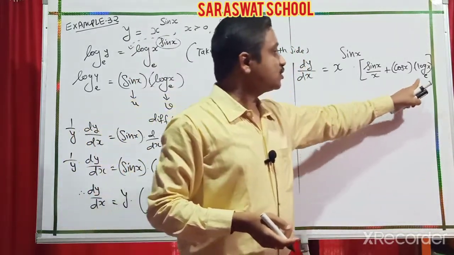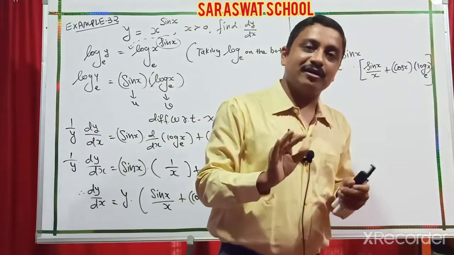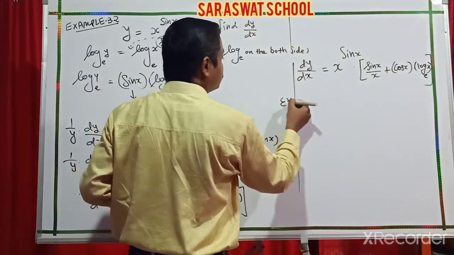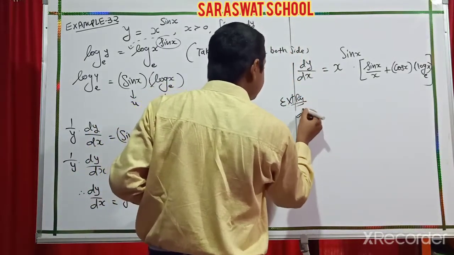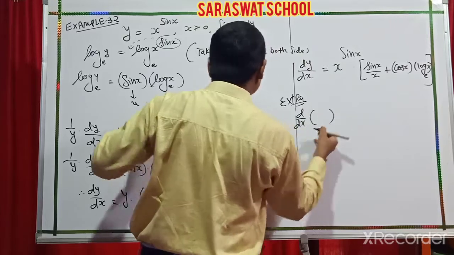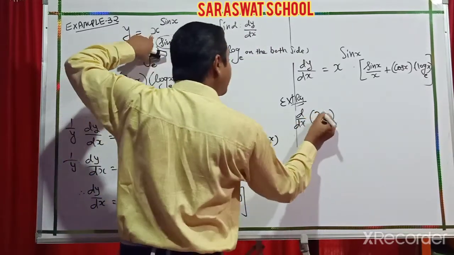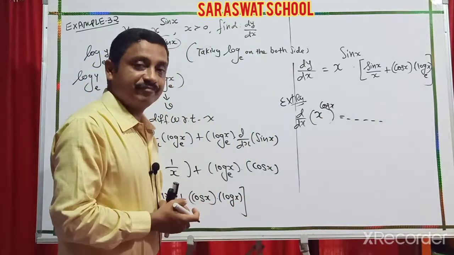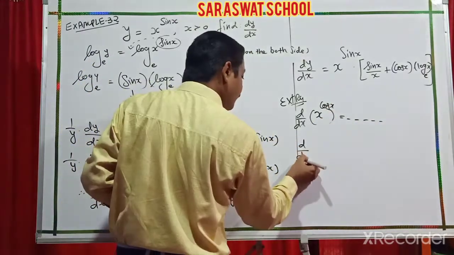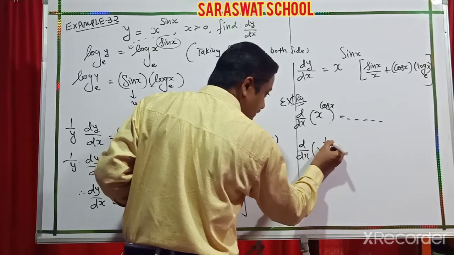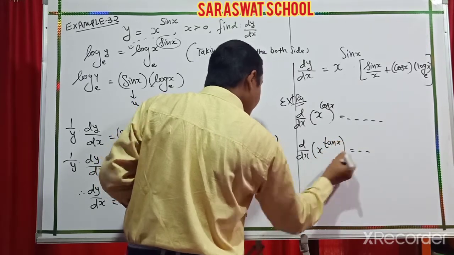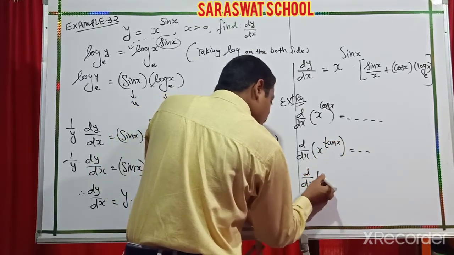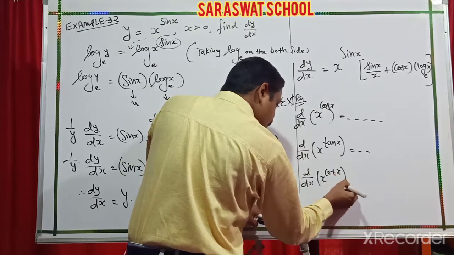Now up to that, students, it is over. The same numerical you try as extra for better practice. ddx of x raised to sin x, here apply cos x. You try it yourself. Same as ddx of x raised to tan x. You try it yourself: ddx of x raised to cot x.